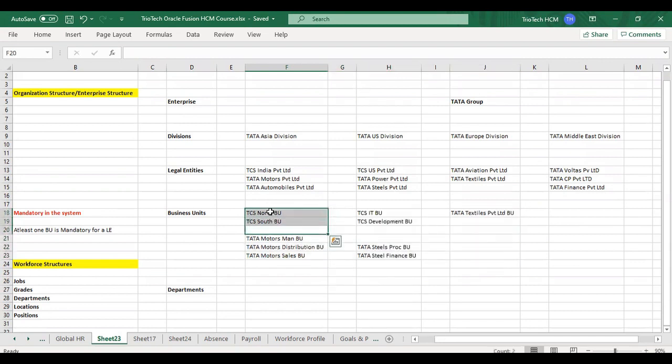Either based upon the region or the location wise operations, or based upon the business functionality wise also you can have your operational units defined team. Then the lowest level within the organization structure team is called departments team. Under each business unit in the system, we will have the concept of departments. This is the lower level organization in the structure team.